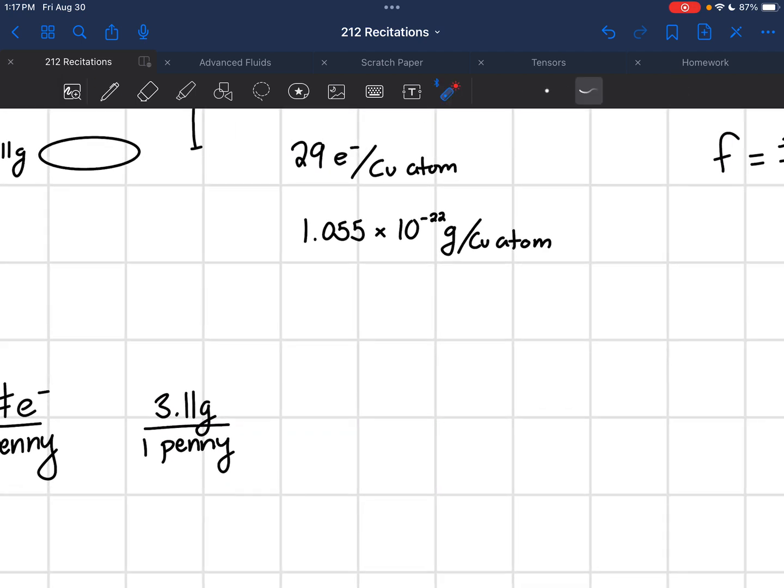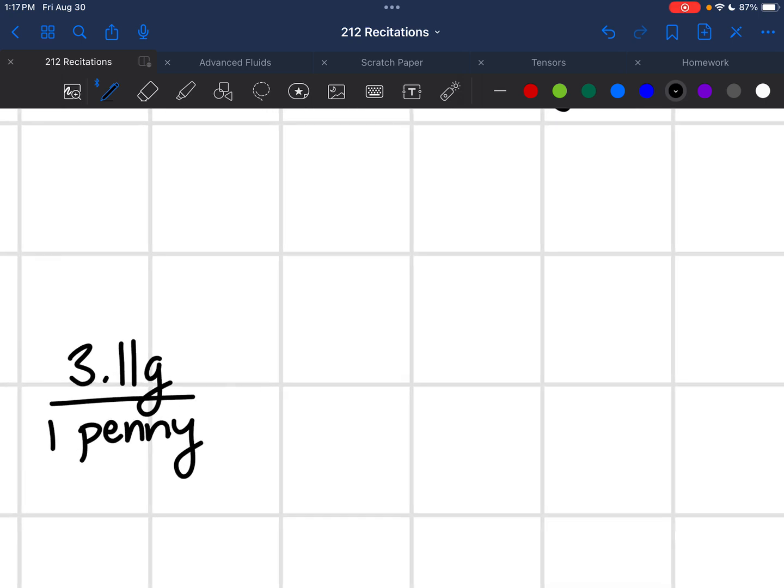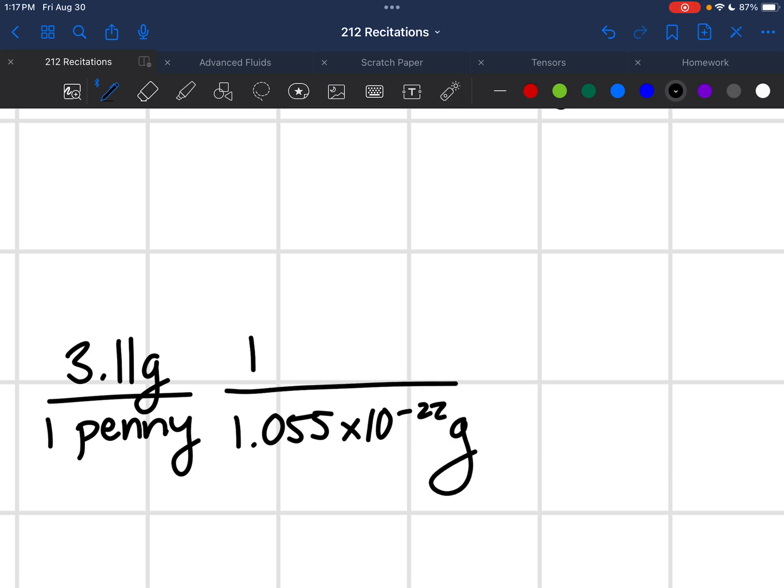But also, for every 1.055 times 10 to the negative 22 grams, it's 1 copper atom. So I want to be canceling out grams, so I'm going to put grams in the denominator, 1.055 times 10 to the negative 22 grams for every 1 copper atom. So grams cancels, and now I know the number of copper atoms in a penny.